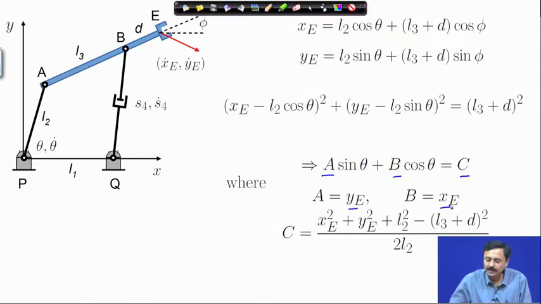You can interpret this as, given xe and ye, it is an equation from where we can solve for theta. So, given xe and ye, we can solve for theta.